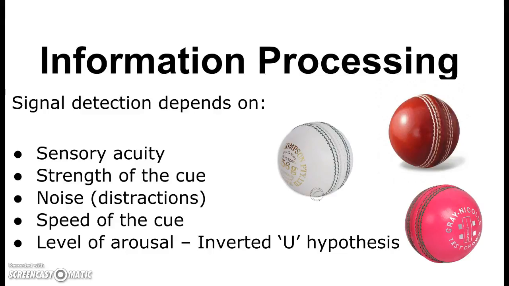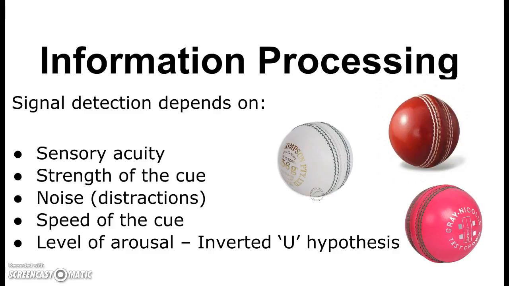Whether a learner is able to detect the signals is also dependent on the strength of the cue. So in the example I've got here, the cue itself is a moving cricket ball. So if you can imagine that you're a batter, and the cue in the environment is the ball that you need to detect.